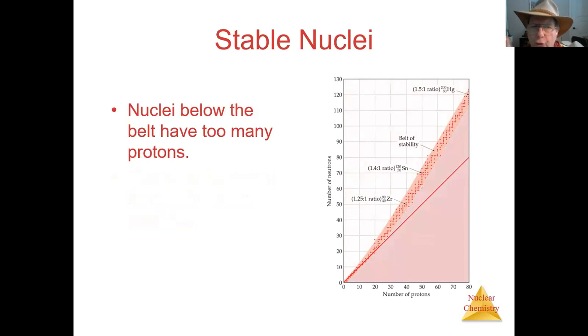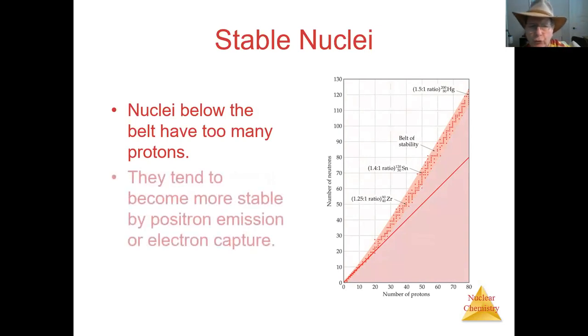If I have a nucleus below the belt, this means that I have too many protons. If I have too many protons, then I have to convert a proton into a neutron. I can do that by one of two ways.